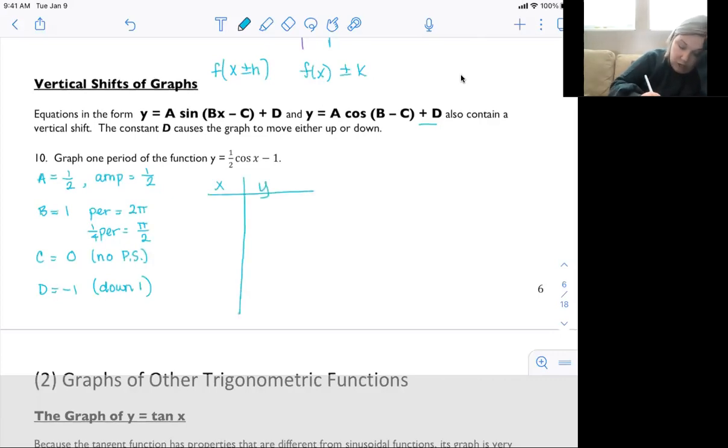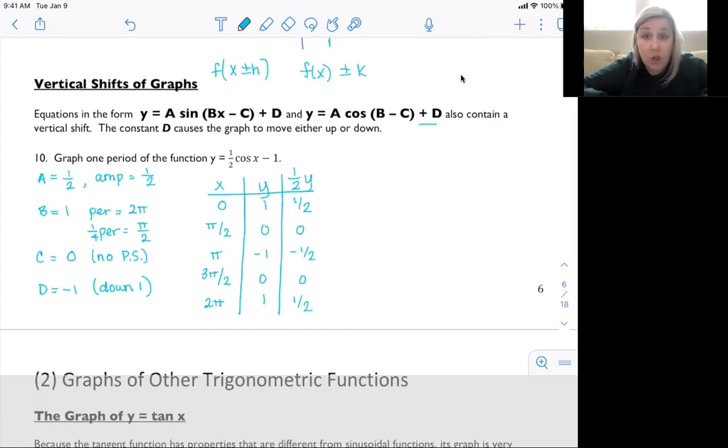This one has no changes to the period or the phase shift. So 0, pi halves, pi, 3 pi halves, and 2 pi. Cosine starts at 1, 0, -1, 0, 1. And let's go ahead and multiply by 1/2 all of the y's. So we get 1/2, 0, -1/2, 0, +1/2.